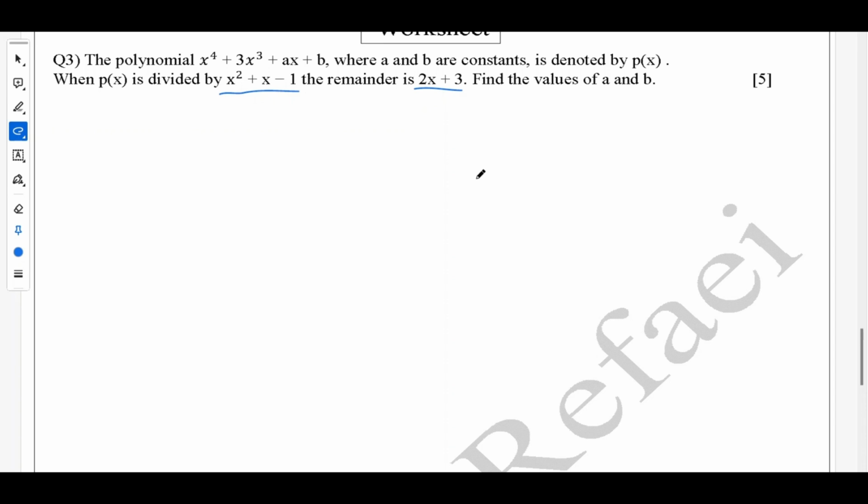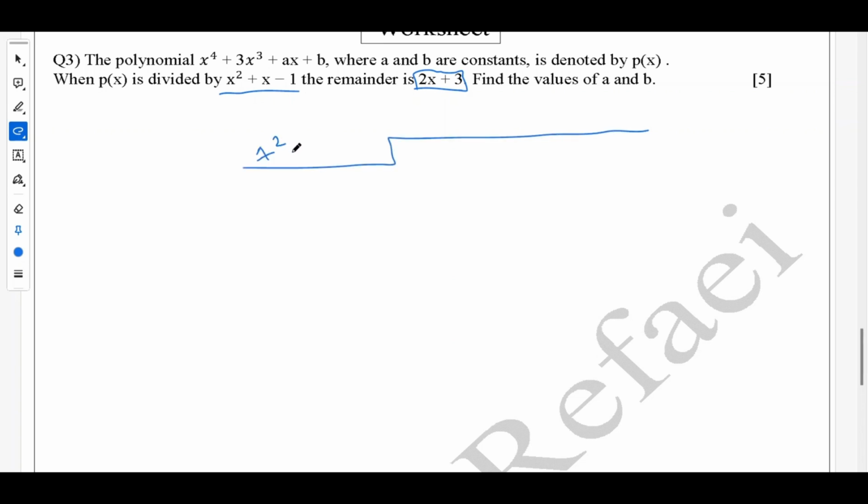Find the values of a and b. I chose this question because I'm not going to use the remainder theorem. Why? Because the remainder is an expression. So I'm going to use the long division method. Let's do the long division.